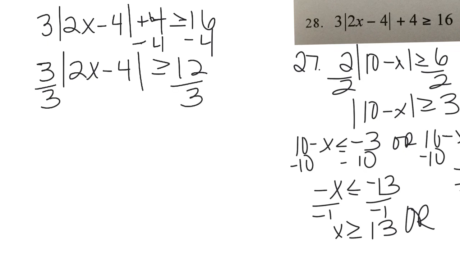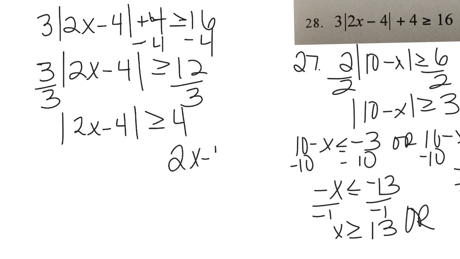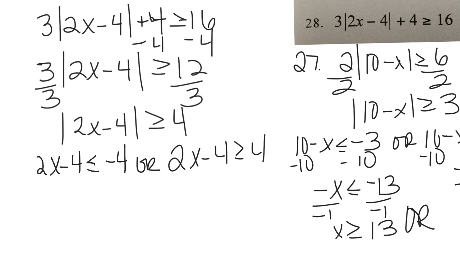Got to get the absolute value by itself first. So absolute value of 2x minus 4 is greater than or equal to 4. Now I can write my two equations. 2x minus 4 is greater than or equal to 4, or 2x minus 4 less than or equal to negative 4.